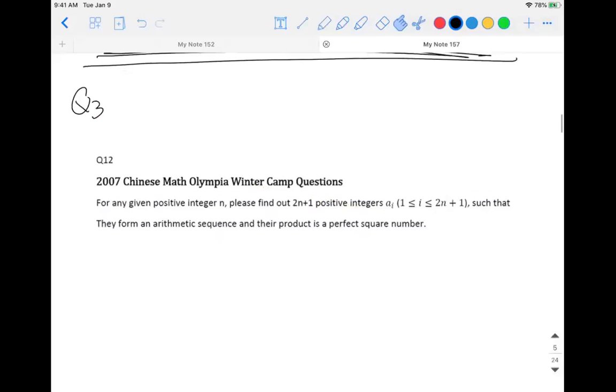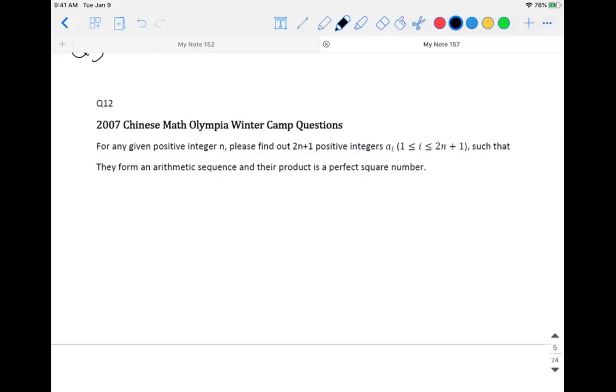This is a problem from the 2007 Chinese MO winter camp questions. For any positive integer n, please find 2n plus 1 positive integers a_i, where 2n plus 1 is an odd number, such that they form an arithmetic sequence and their product is a perfect square number.